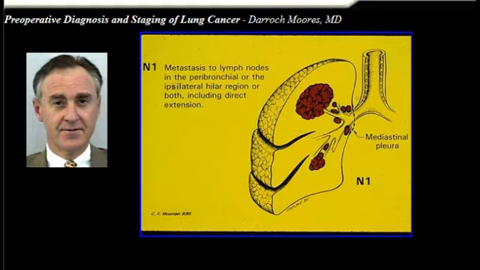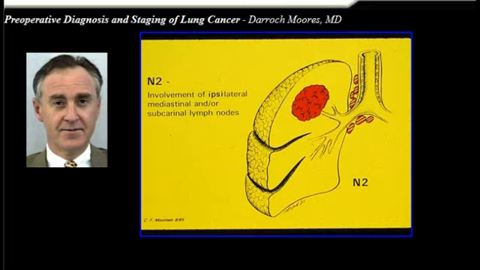N1 lymph nodes are those in the ipsilateral hilum or peribronchial region, and they are contained within the visceral pleural envelope. These lymph nodes cannot be biopsied at mediastinoscopy. N2 nodes are those involved in the ipsilateral mediastinum.